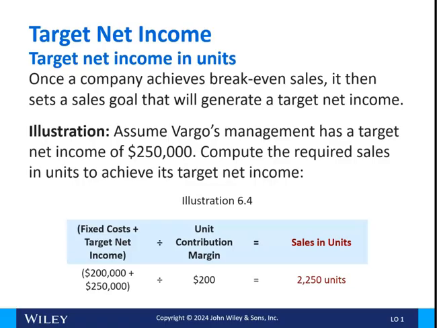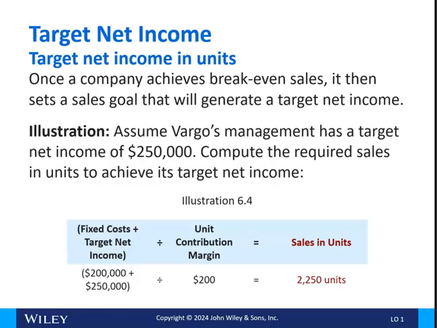Target net income in units. So if we set a target income that we want to achieve, we can use the same formulas that we did for break-even sales units and break-even sales dollars to figure out how many units and what our sales dollars need to be to break even or to achieve that target income.